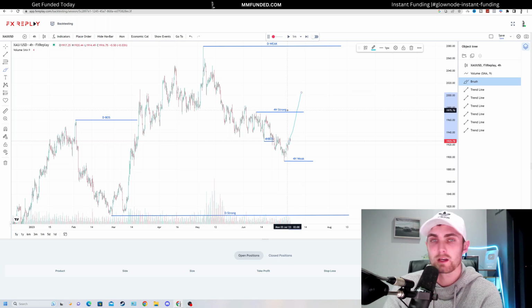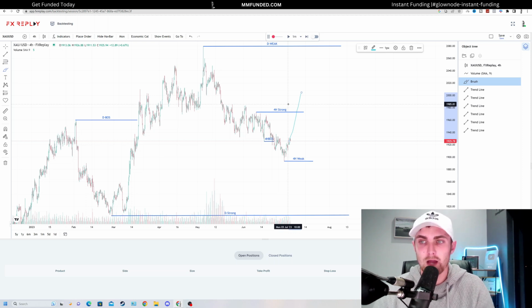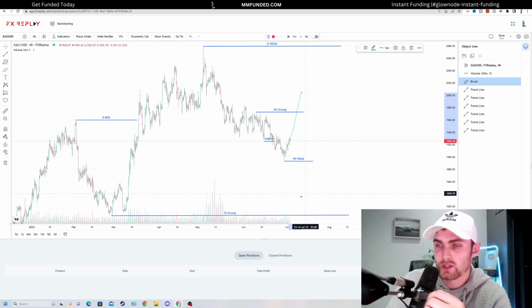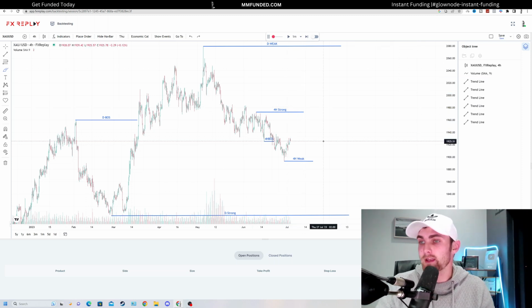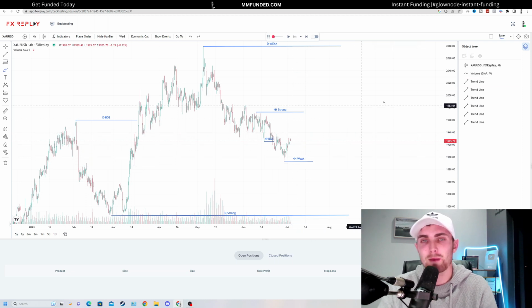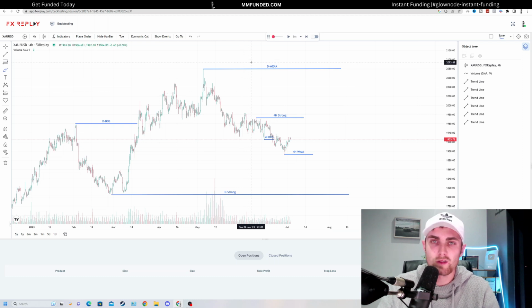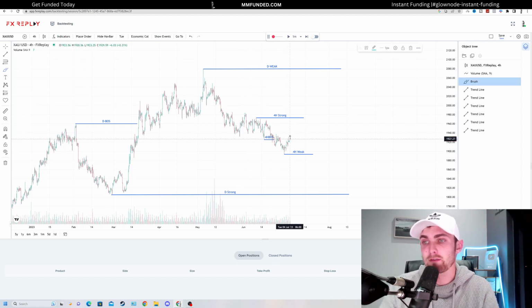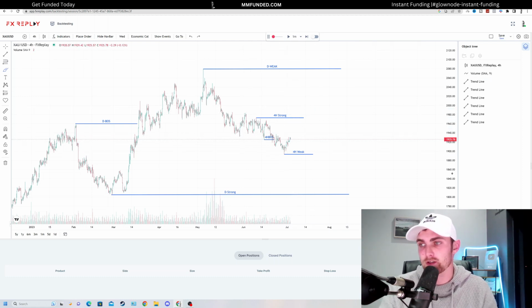We can expect sooner or later for a 4-hour strong high to be broken to the upside, which then signals we've now had that daily internal shift to the upside. Price is now ready to go and target the daily weak highs. So yes, the expectation would be to target the 4-hour weak lows, but we need to keep in mind that price overall wants to target the daily weak high. Therefore, we can expect that 4-hour shift to the upside.